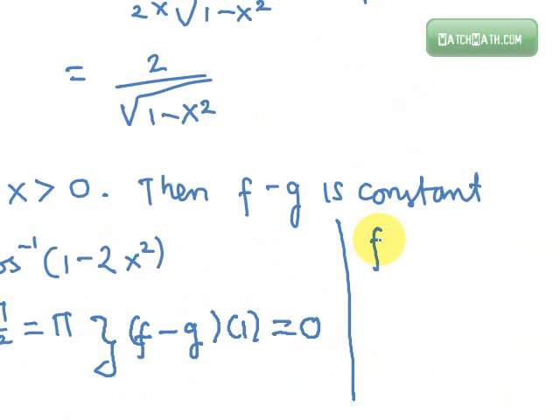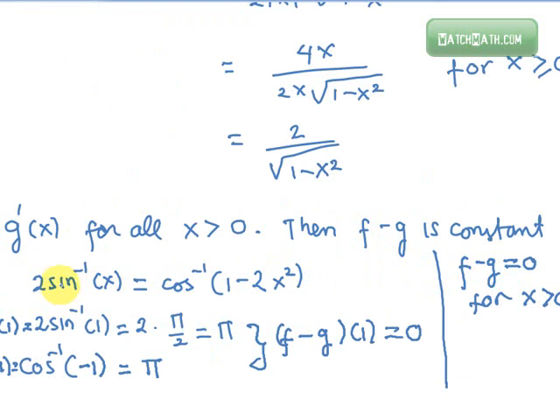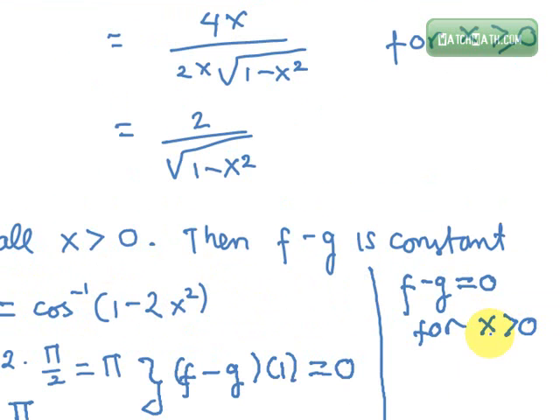So f minus g equals 0 for x bigger than 0. Now the statement that we want to prove is that this is equal for all x greater or equal to 0. We want to prove that f equals g. So for x equals 0 we can check manually.